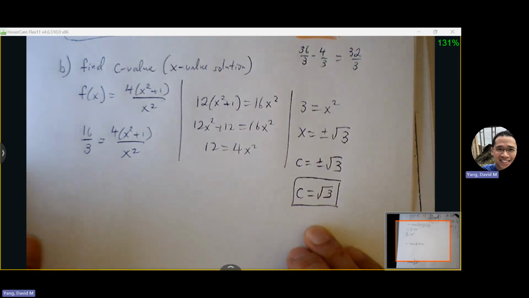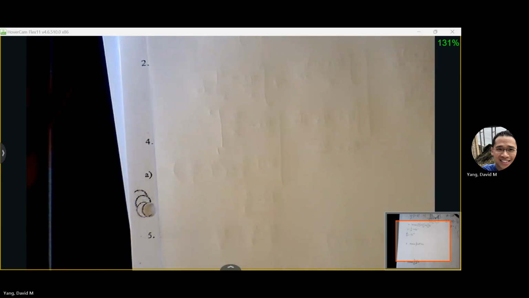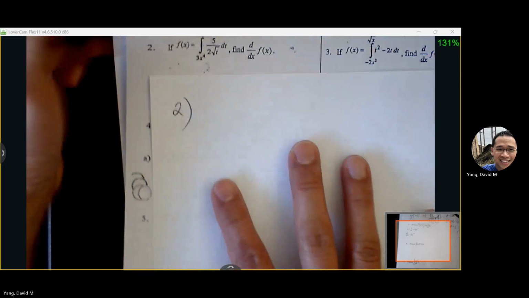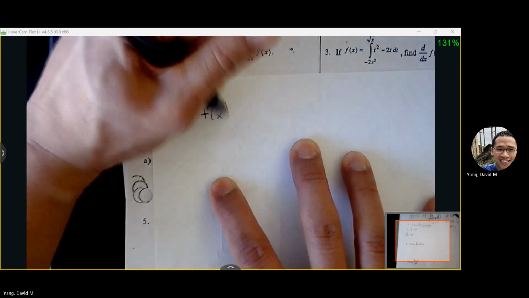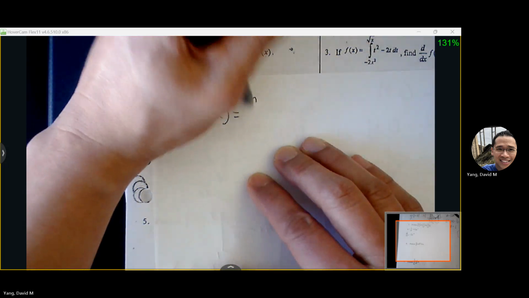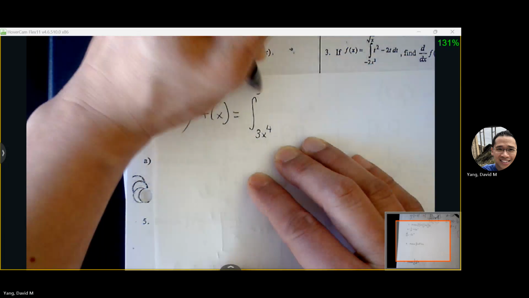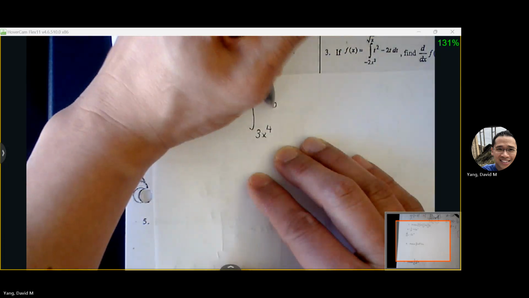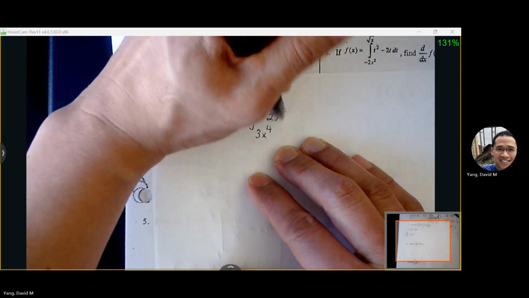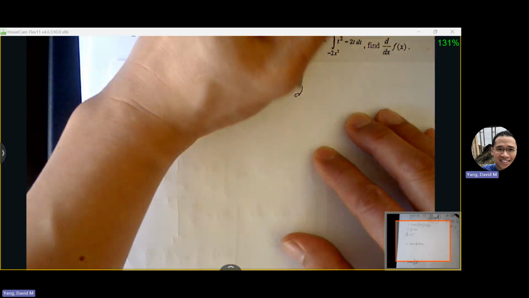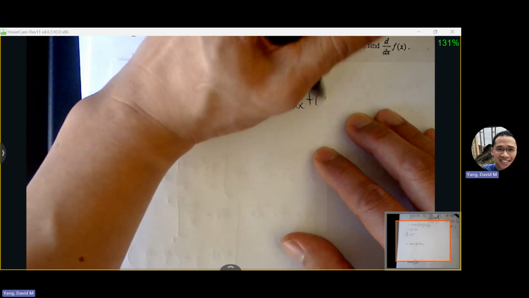Okay. Number 2. We're asked to find the derivative of this function.